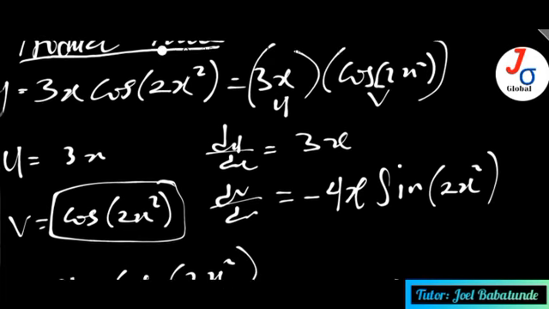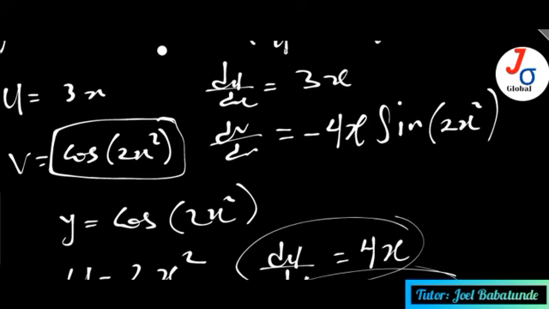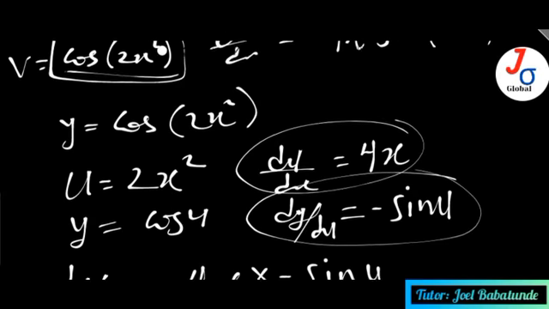But basically, instead of going through all of those processes, I could just differentiate the one inside. If I differentiate 2x squared, I get 4x. Then differentiate cos of this, I'll get minus sine of that. But I just had to go through that method so you could see exactly.